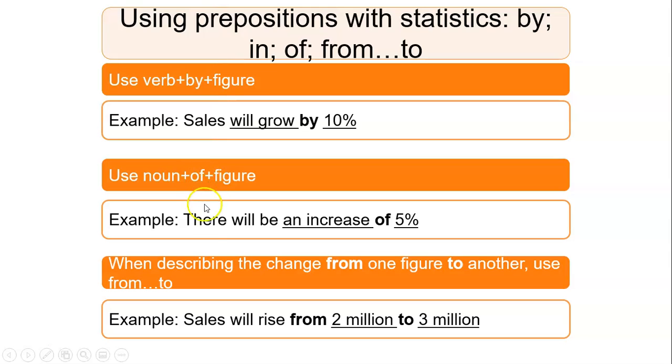So we have, for example, there will be an increase, there's your noun, of, and then the figure, 5%. When describing the change from one figure to another, use from to. For example, sales will rise from 2 million, that's one figure, to 3 million, that's another figure.